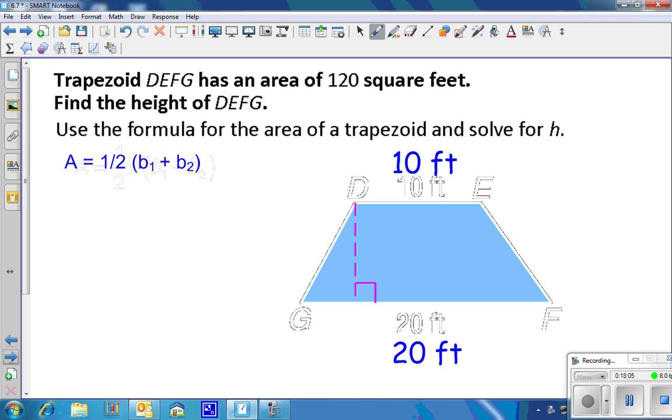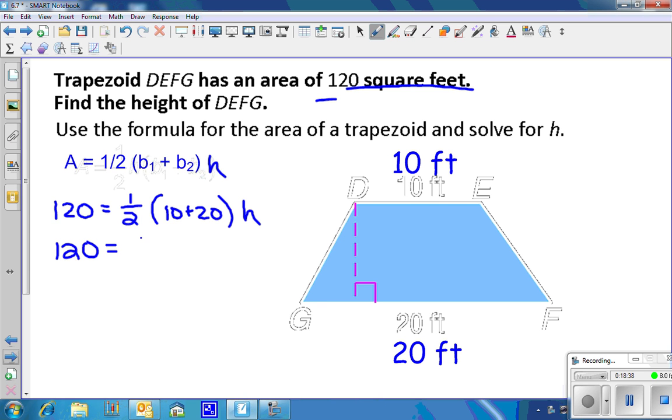All right, this is a trapezoid. The formula for a trapezoid is 1/2 times base 1 plus base 2, times the height. We don't know the height, but we know the area is 120 square feet. So replace area with 120. We've got a half out front, and our base lengths, 10 plus 20, times the height that we're looking for.